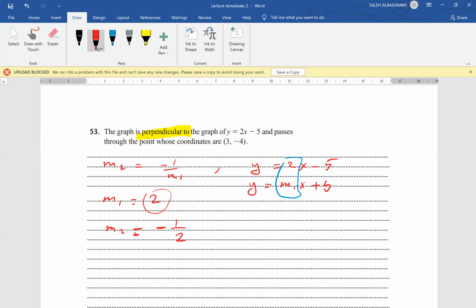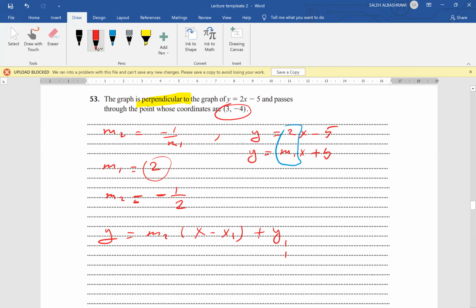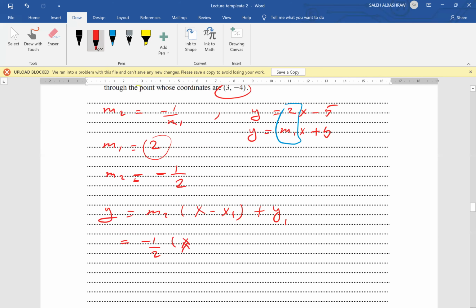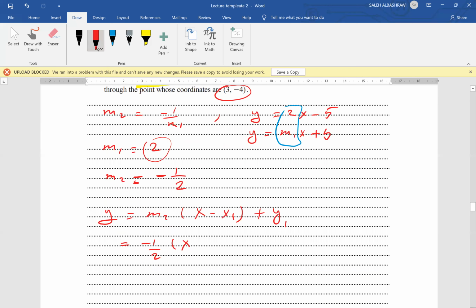So since we have the point (-3, -4), we can find the equation y equals m2 (x minus x1) plus y1. That will be m2 equals minus 1/2 multiplied by (x minus x1), it is minus 3, plus y1, which is minus 4.